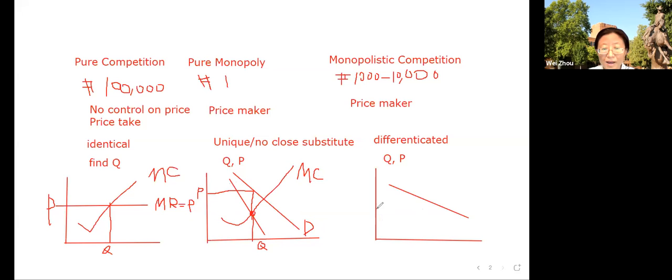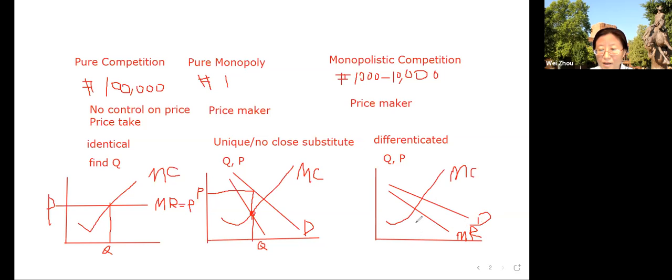And what if you are in monopolistic competition? You're again facing a downward demand, so your marginal revenue will be downward. Marginal revenue is downward sloping and below the demand, and then you find the marginal cost.